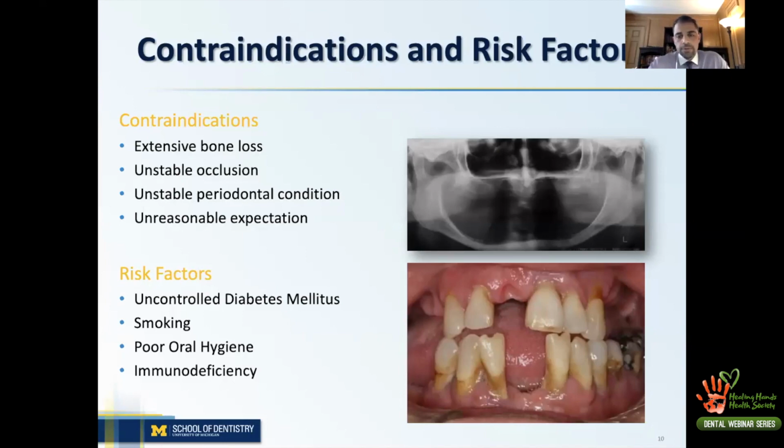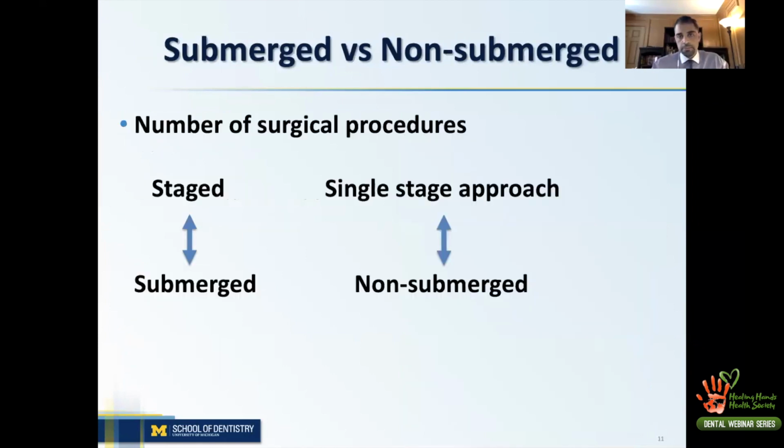What we see more commonly are smoking and poor oral hygiene, so we work with the patient to improve on these, to quit smoking and improve oral hygiene before we even start the treatment. And obviously we consult with the patient's physician about getting their diabetes under control before we start dental implant treatment.